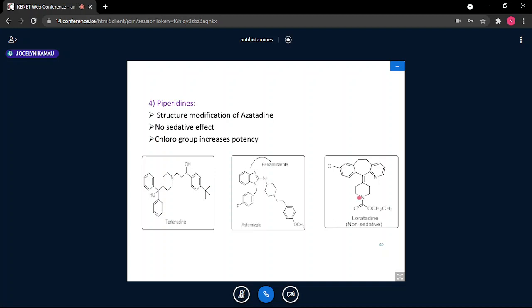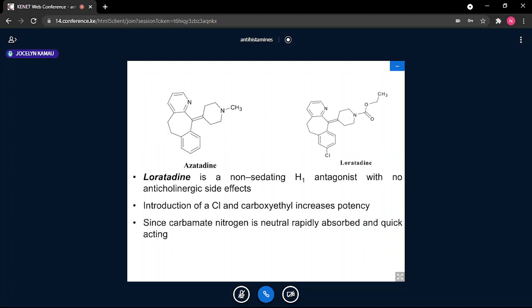And we are saying, as when we look at loratadine, just like in azatadine, the chloro group and the pyridyl group are responsible for increasing the activity, and the carboxyethyl group being responsible for introduction of water solubility or polarity, and therefore that drug having lesser ability to penetrate the BBB.